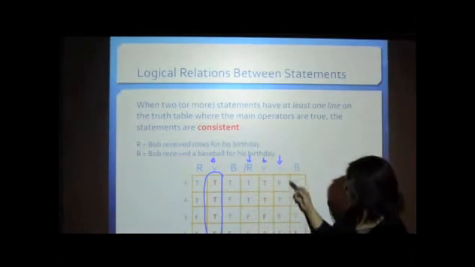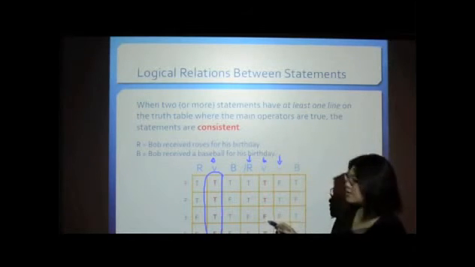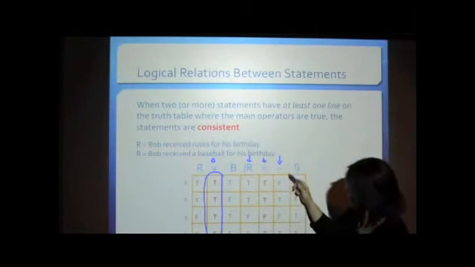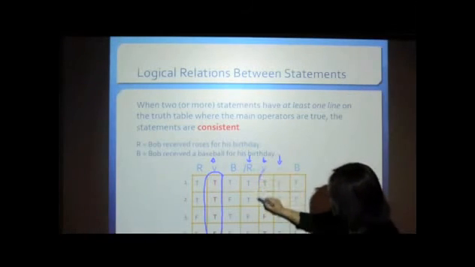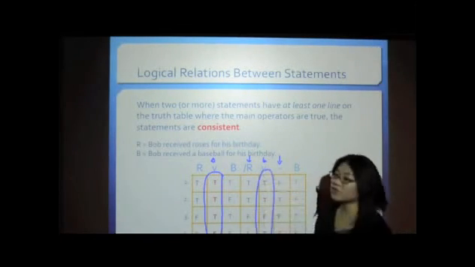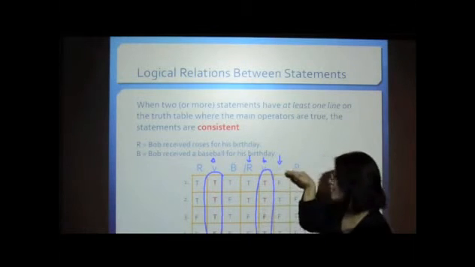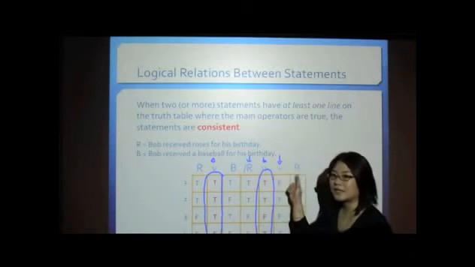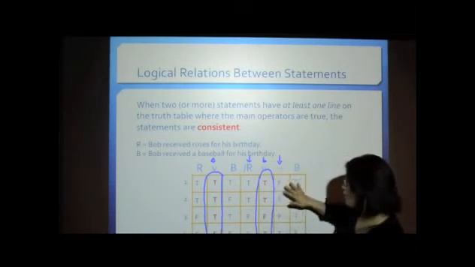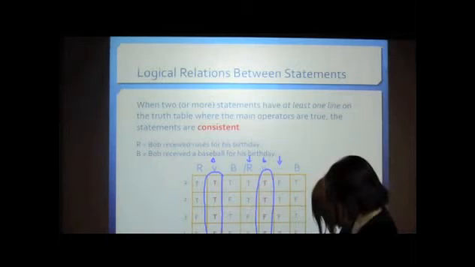When R is false and not B is false, the disjunction will be false. And when R is false and not B is true, the disjunction will be true. So this column gives you the truth values that are possible for this statement, depending on the truth values of its component parts.